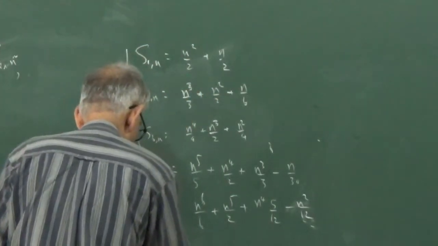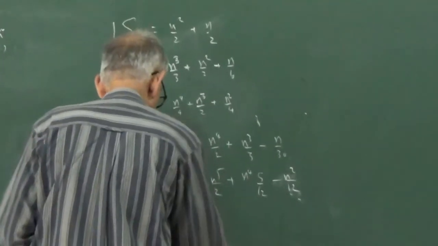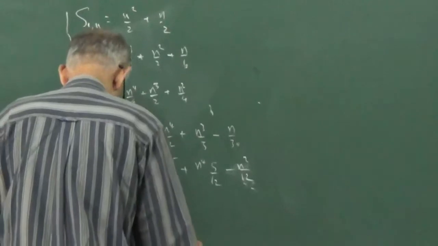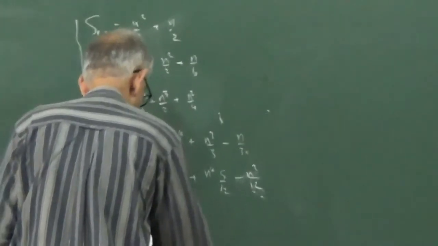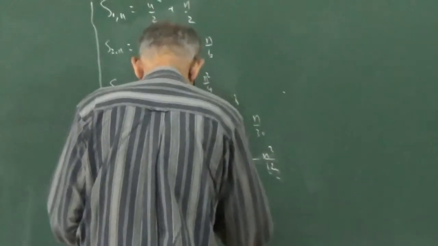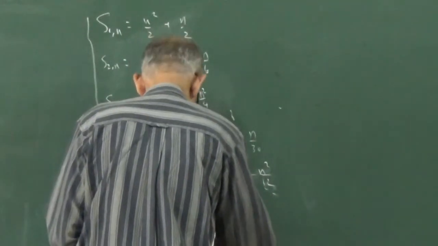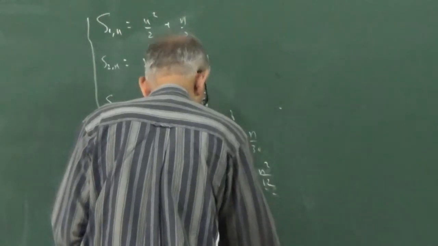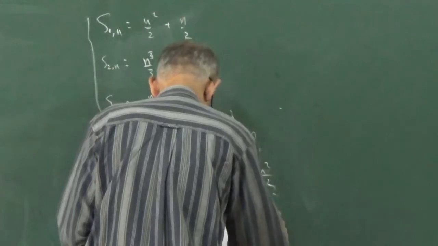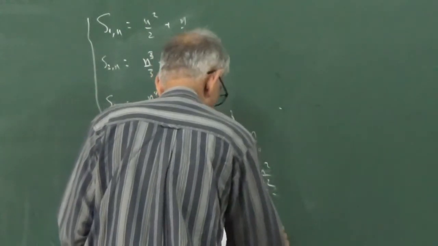S6n is equal to n to the power 7 over 7 plus n to the power 6 over 2 plus n to the power 5 over 2 minus n to the power 3 over 6 plus n over 42.